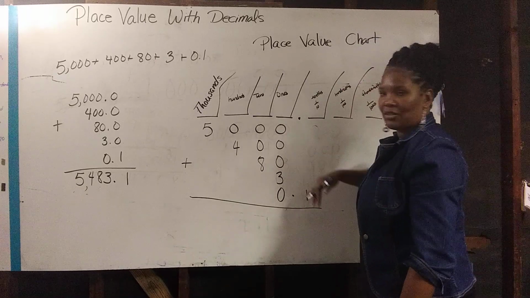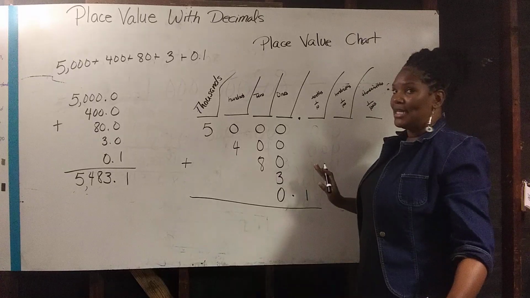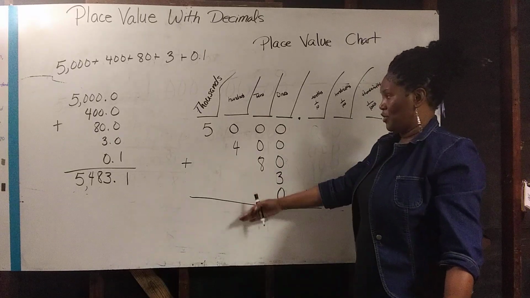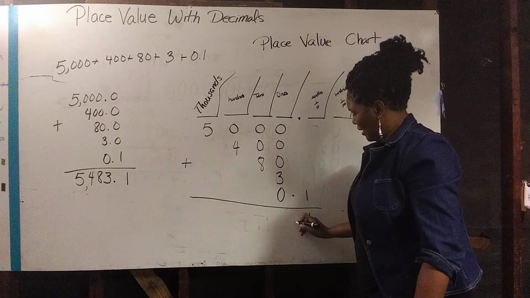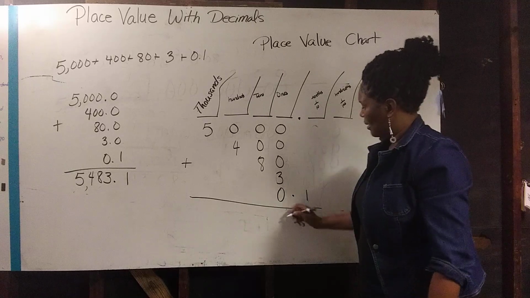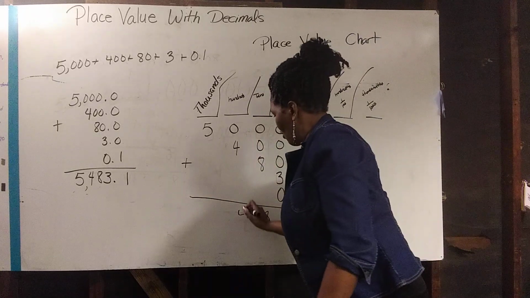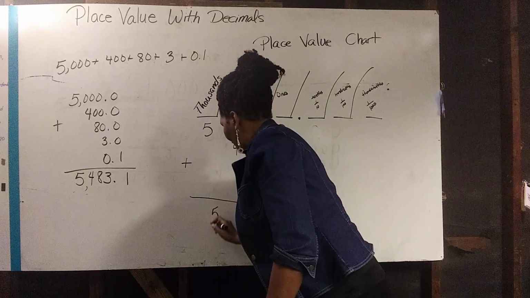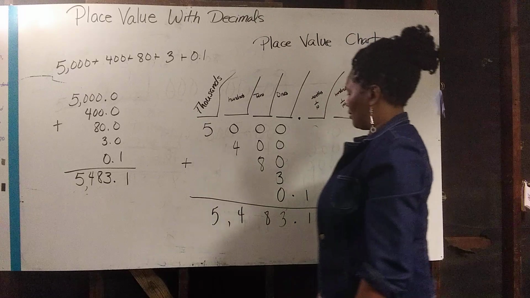I can add the zeros and decimals or leave them off these top numbers. It doesn't matter. If you know how to add, just do it. 1. There's my decimal. Leave my decimal right there. 3. 8. 4. 5. And since this number is in the thousands place, I put my comma.